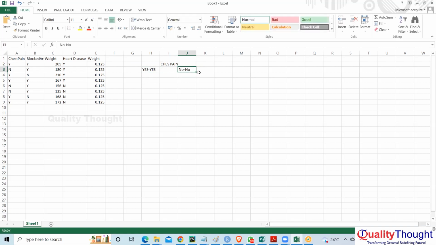This is my initial assumption. So how many correct and incorrect? Just look at chest pain and disease.